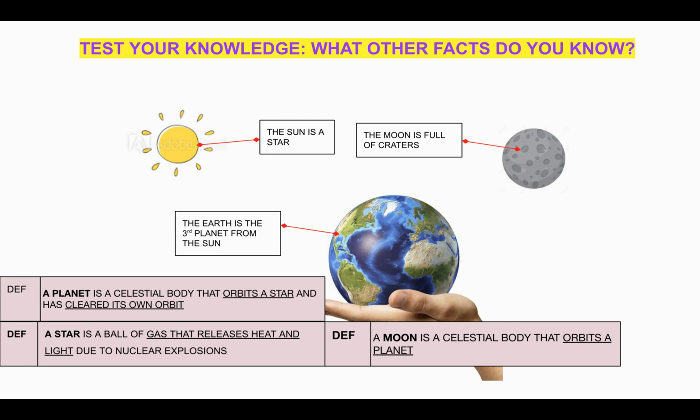And what that really means, of course, is that it has, under the force of gravity, pulled in all of these asteroids, comets, and meteors in its orbit. So whatever path that the planet follows in its movement around the sun, there's actually no objects in its way, because in its history over millions and millions of years, the gravitational pull of that planet has pulled all of those objects into it.